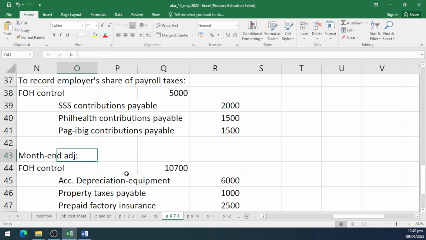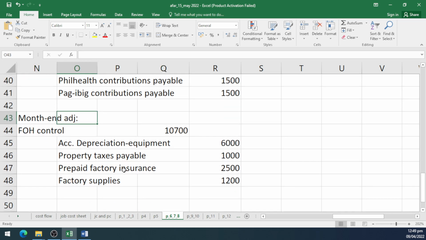Next, month-end data for adjustment. Yung depreciation, 6,000. Property taxes, 1,000. Expired insurance, 2,500. Supplies used, 1,200. Total niyan, 10,700. So, debit to factory overhead control, 10,700. And here are the credits, of course. Okay?